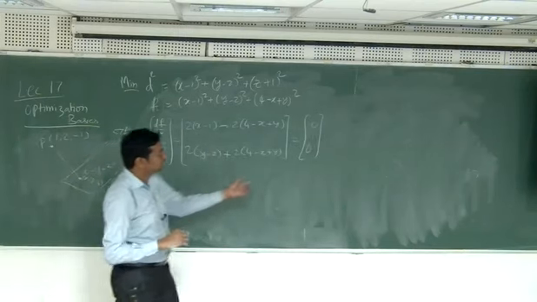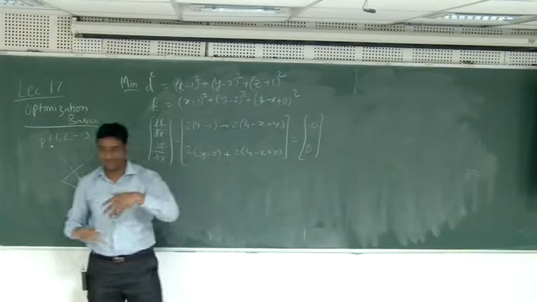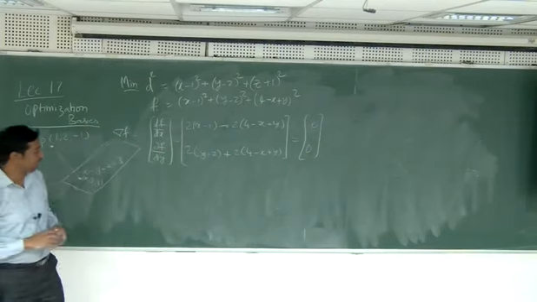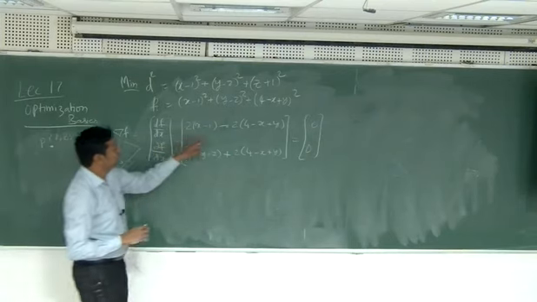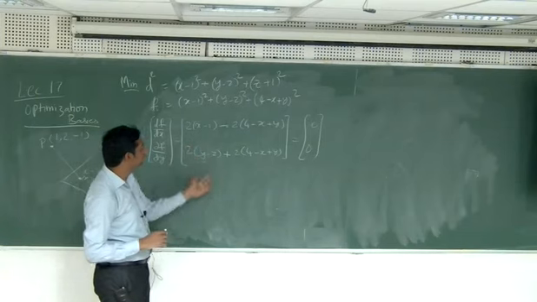Why should they be zeros? Because at the minimum point or maximum point, the gradient will be 0. So we have two unknowns, two equations.